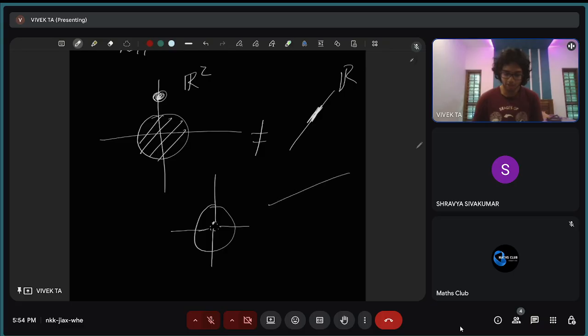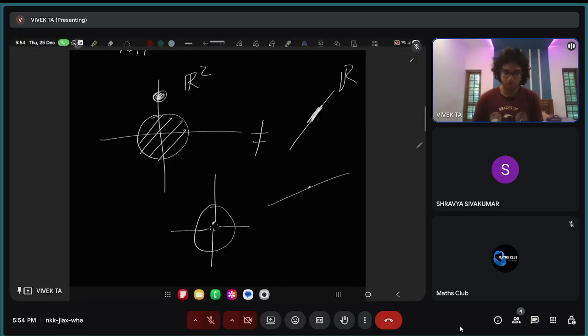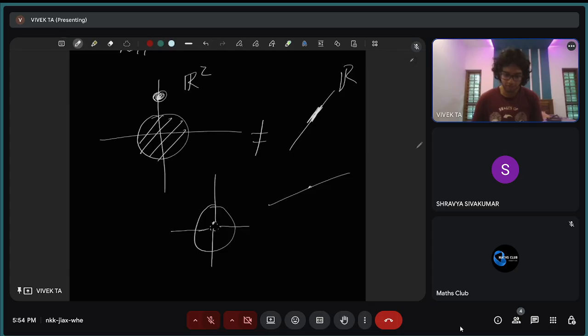But you can't do it in R. If you do the same on R, you remove this point, you get two disjoint lines. This was connected. This is still connected, right? I can go from this point to this without any worry. There exists a path. But there is no path here to go from here to here, right? So that is one way to look at this.